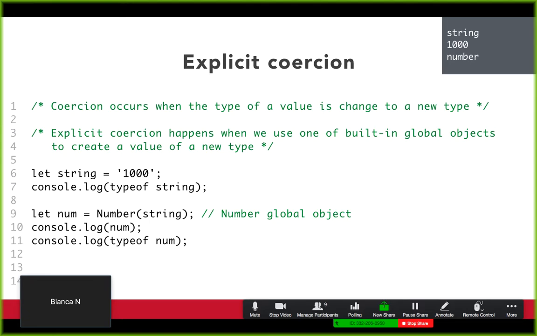And then whatever value it gives back, I store in the num variable. So on line 10, when I console log out num, I get back 1,000. And when I console log out typeof num, it is a number. And so that's why I say it's 1,000 now. It's not a string of 1000. It's now a number because on line 9, I used the Number class to convert that string for me into a number.